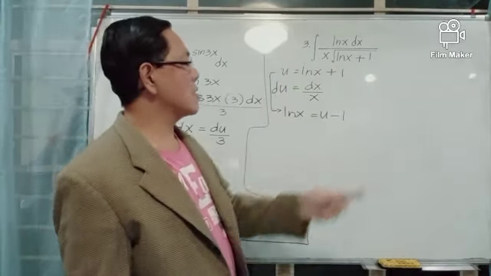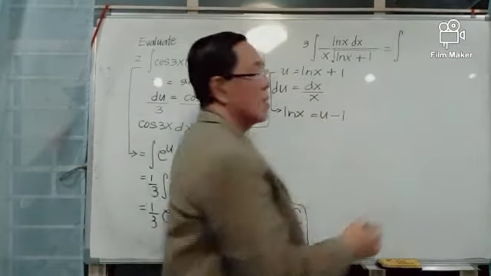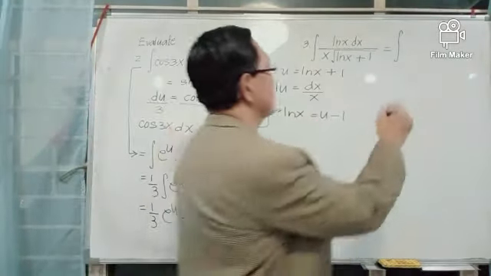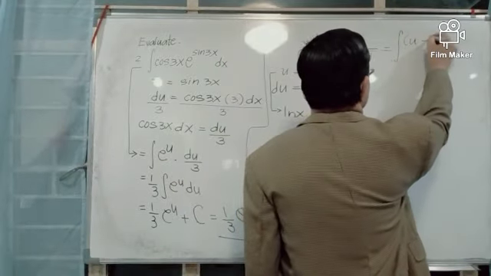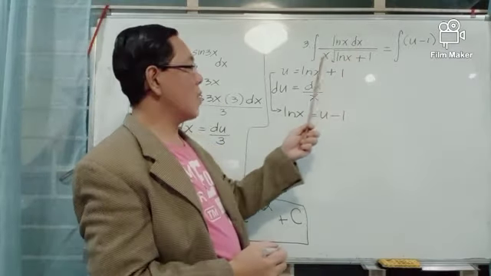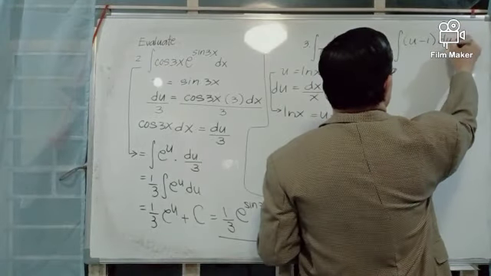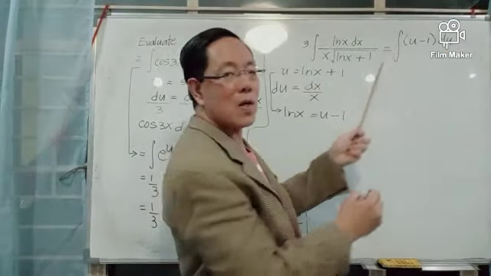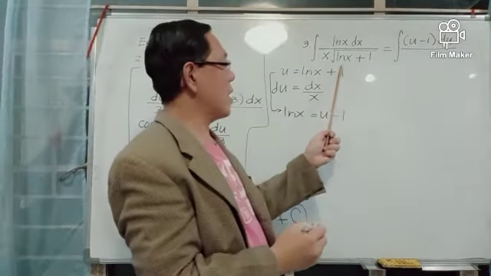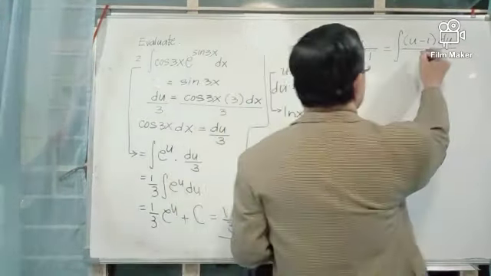Hence, this integral is now equal to the integral of ln of x, u minus 1, multiplied by dx over x is du, over the square root of ln of x plus 1 is equal to u, square root of u.